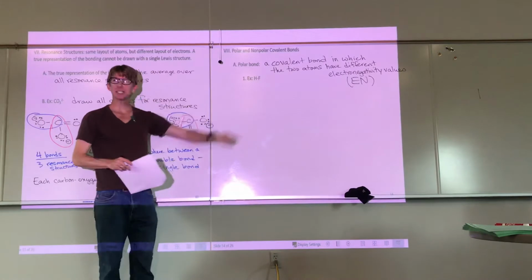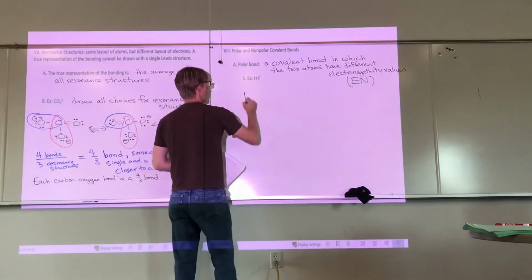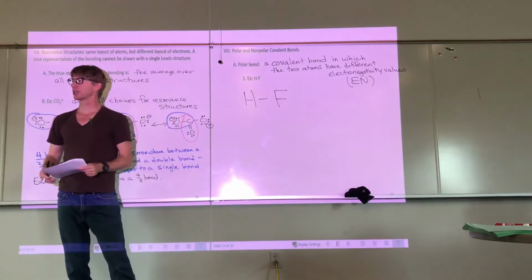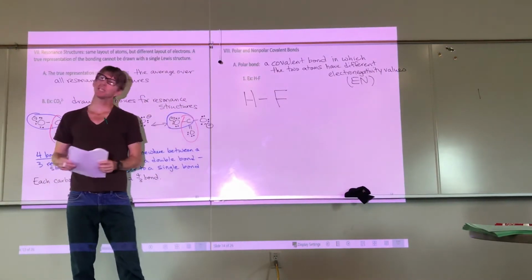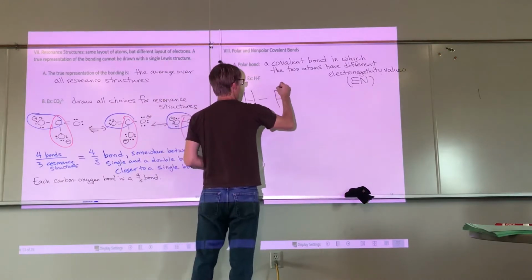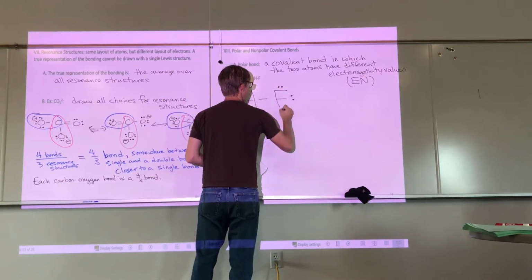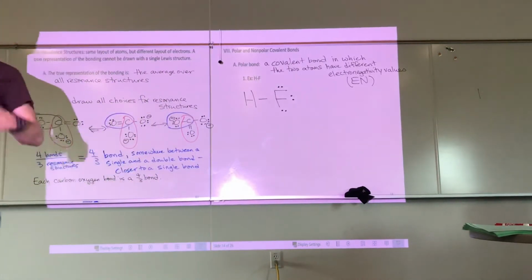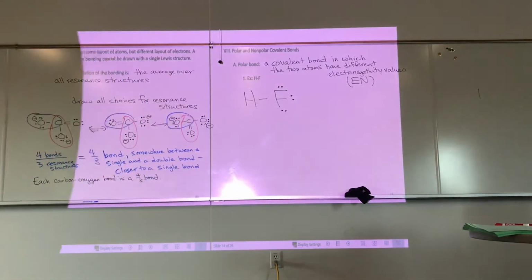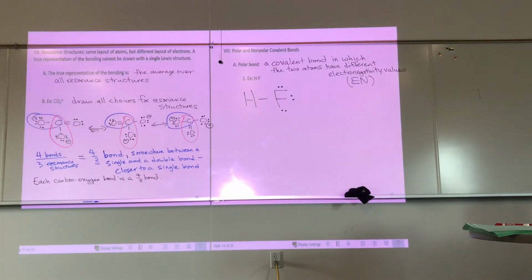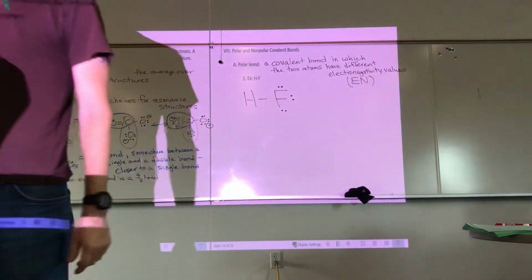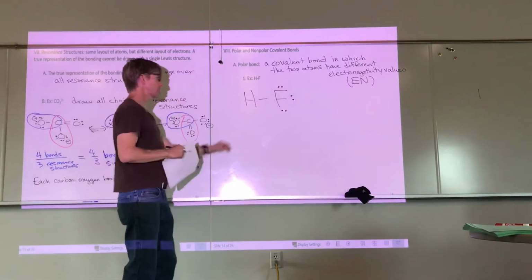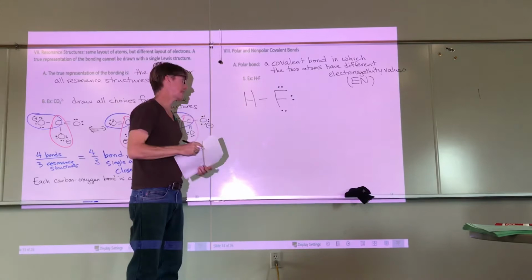My example here is HF. I'll draw a big version of its Lewis structure. The fluorine will have three pairs of electrons around it. You will not only remember your electronegativity trends, that as you go to the left and as you go down, electronegativity decreases, but you will also have some of the electronegativity scores specifically for these two atoms.